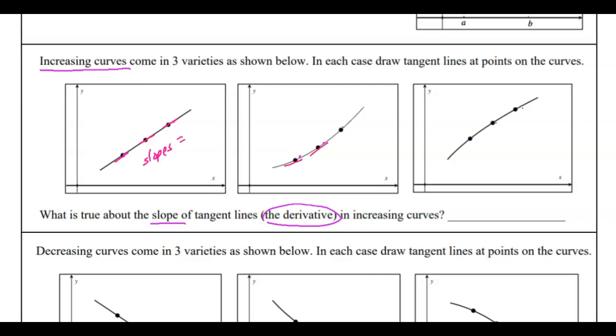Here, my slopes actually get steeper. And here, my slopes get smaller, because the flatter you get, the smaller the slope value is.